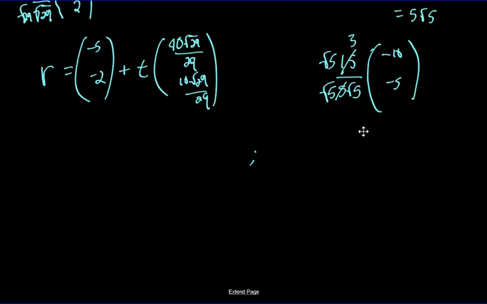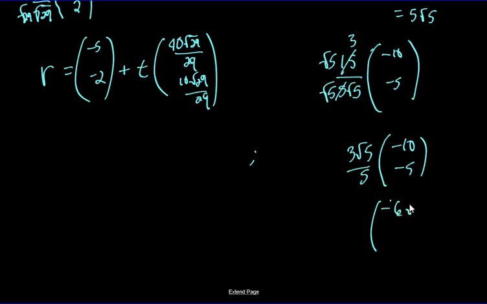It's going to end up being 3 root 5 over 5 is the scalar, times -10, -5. And I can see that the 5's are going to cancel. When I do the scalar, 5 goes into 10 twice, 2 times 3 is going to be -6 root 5.